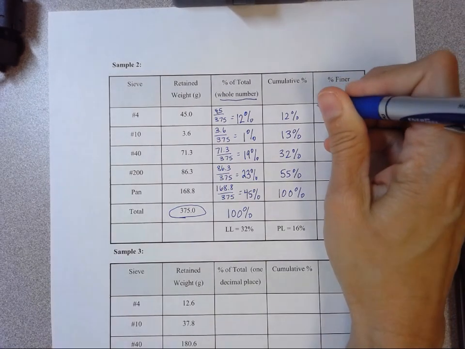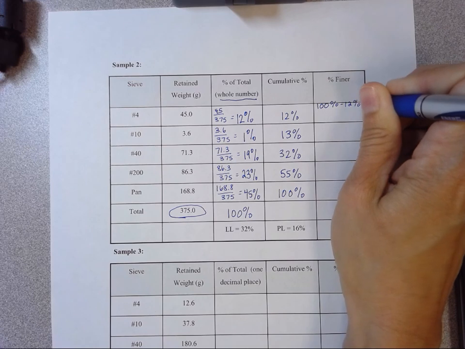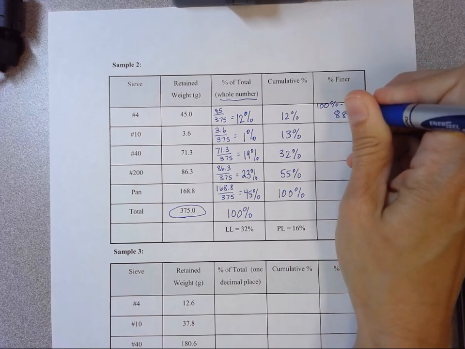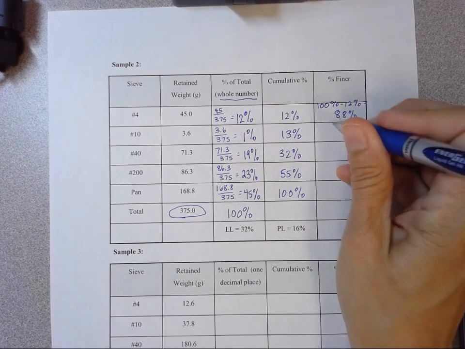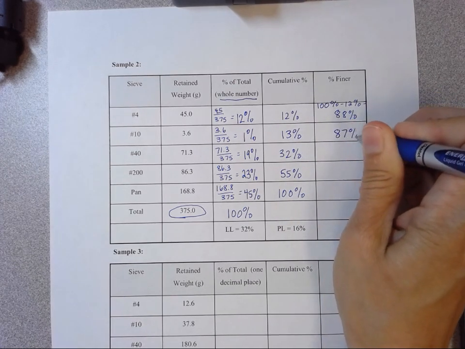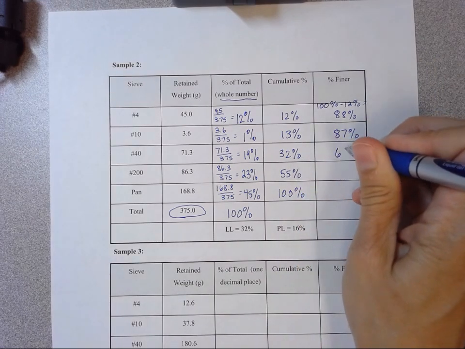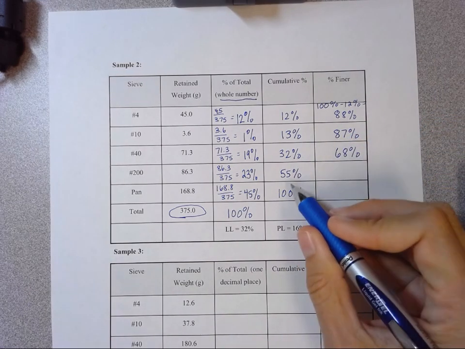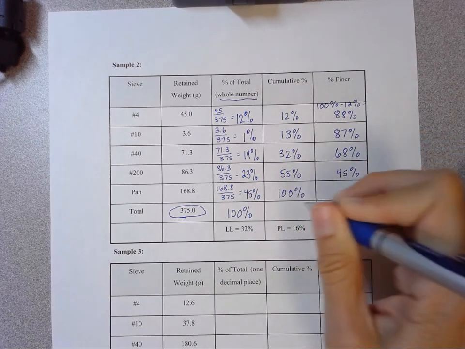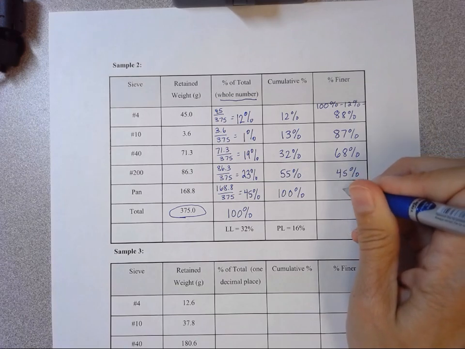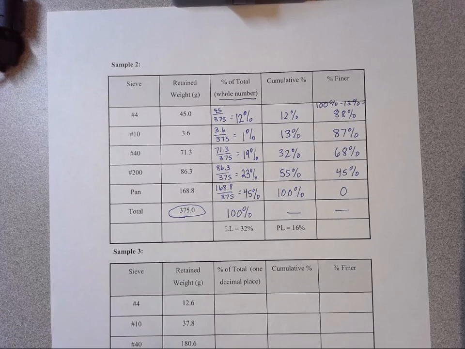I'll write that out for the first one here. 100% minus 12% is 88%. 100% minus 13% is 87%. 100% minus 32% is 68%. 100% minus 55% is 45%. And 100% minus 100% is just 0. Sometimes I put little lines in there just to know I'm done with that.